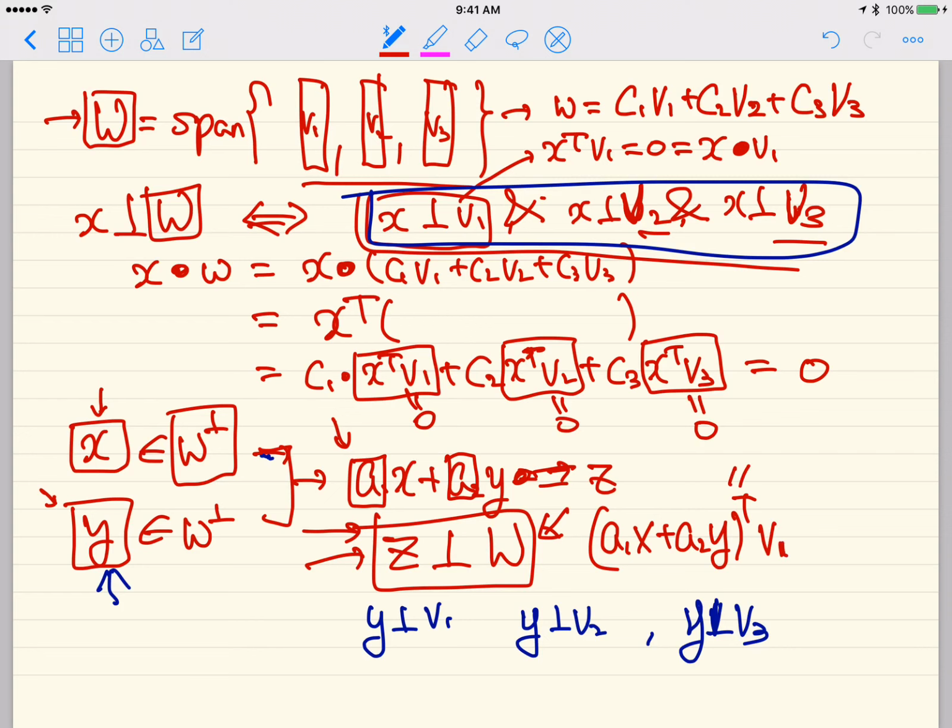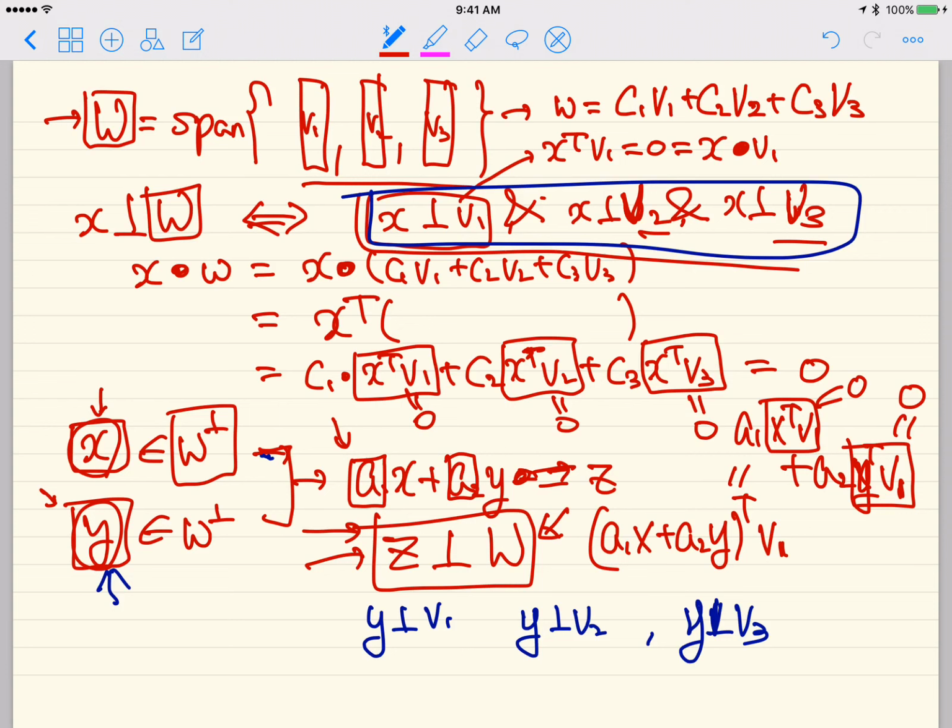It's a1 times x transpose v1 plus a2 times y transpose v1, right? Each of these inner products should be 0, because x and y each belong to W perpendicular.